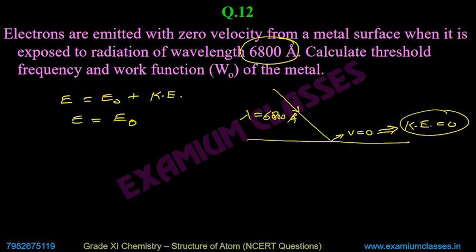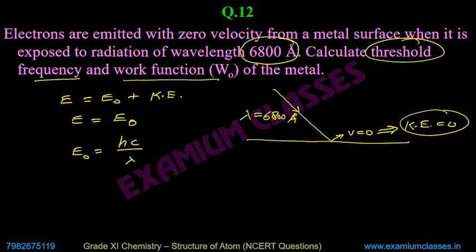So calculate the threshold frequency and work function. The threshold frequency and work function will be interrelated, because threshold frequency is that frequency which is related to work function. Threshold frequency is nu naught. Because E is equal to E naught, it will be hc by lambda.